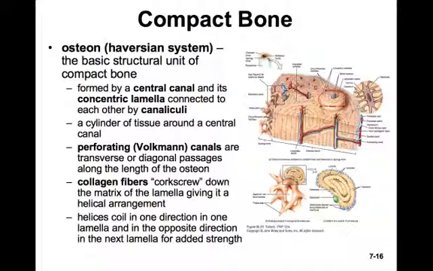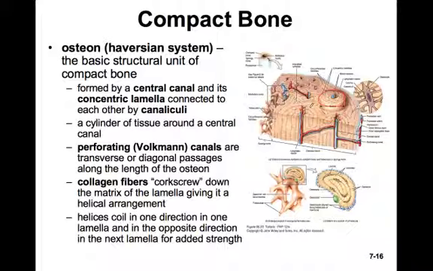It's formed by a central canal and then several concentric lamellae. The lamellae are these different layers that we see here. You can see lamellae all around a central canal. They're connected to each other by canaliculi. The canaliculi are the little stripes here between the lamellae.